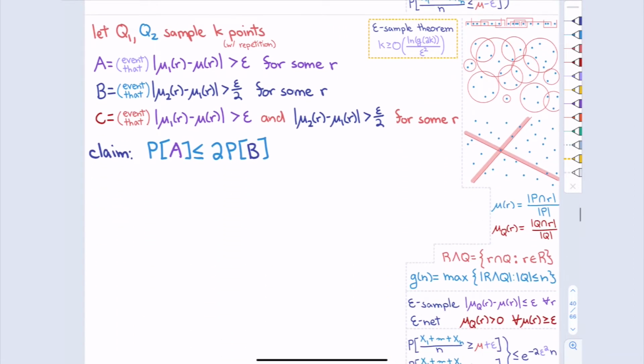So we want to bound the probability of A, and here's an interesting claim. The claim is that the probability of A is bounded above by 2 times the probability of B. Is this guessable? I don't think so.